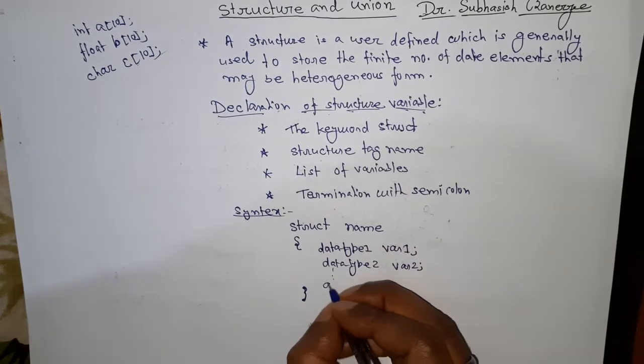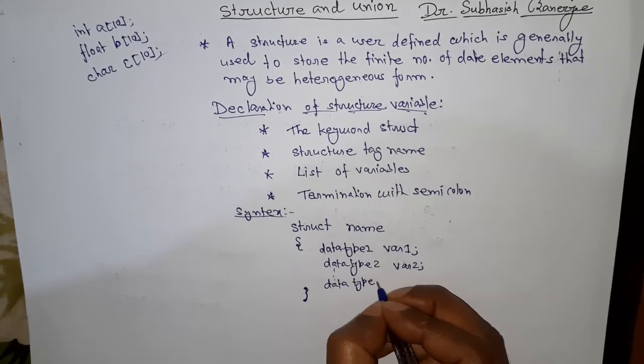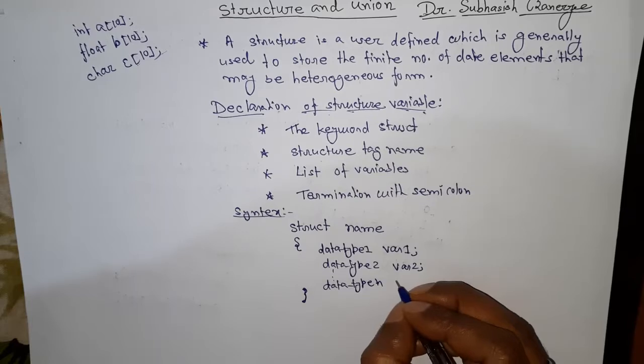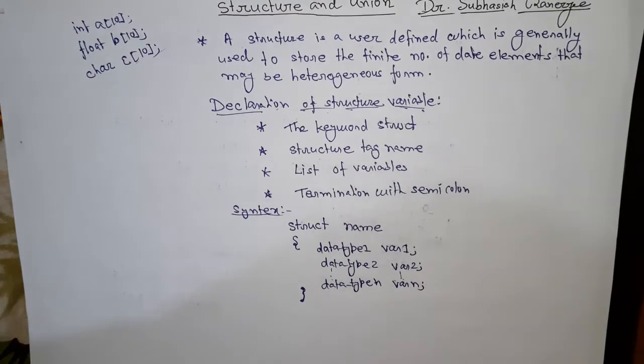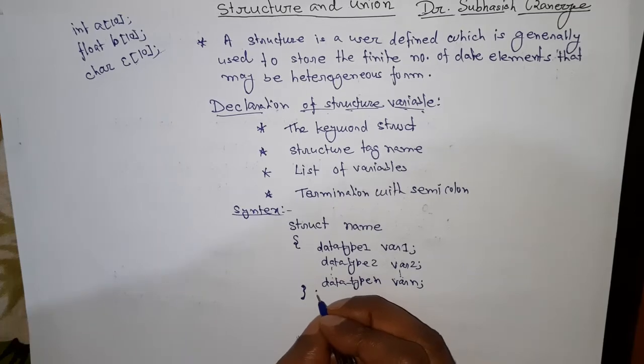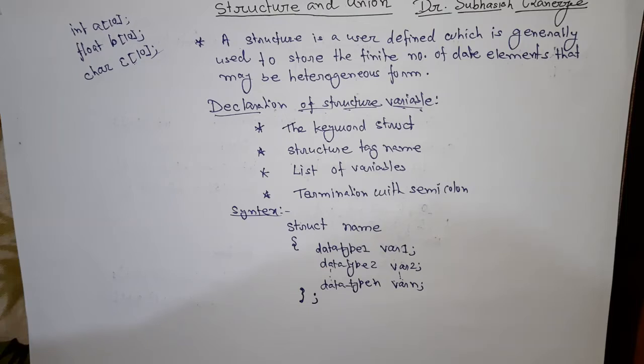Similarly, as many data types as you want to store, you may define up to data type n, with variable n. And every structure must end with this semicolon. So this is the way that we can declare a structure.